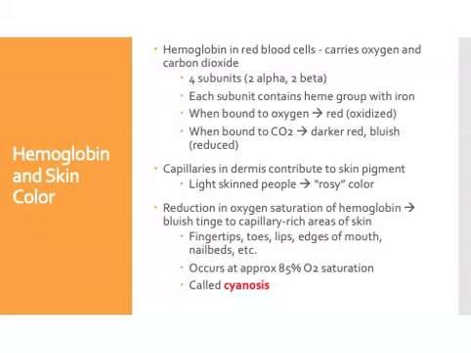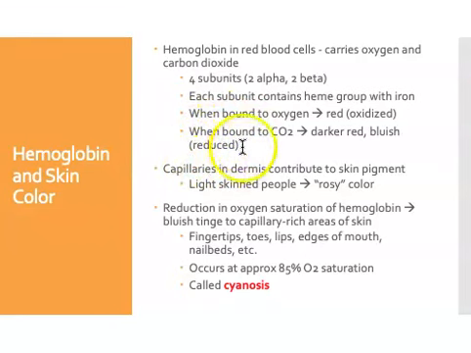We can also see the effect of hemoglobin in a very important medical condition referred to as cyanosis. Any time that the oxygen saturation level in the bloodstream is too low, what'll happen is you'll be less saturated on the hemoglobin with oxygen, and that's going to mean that reduced form of hemoglobin will be present.